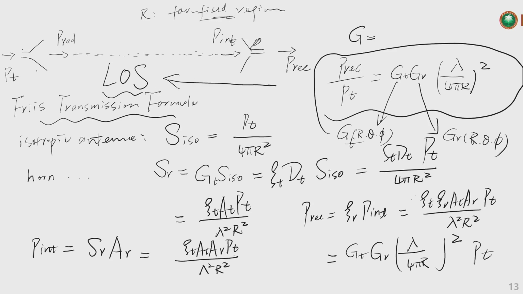If, for example, the antenna at the receiver side is along this direction, there should also be some energy received or intercepted by the antenna at the receiver side.